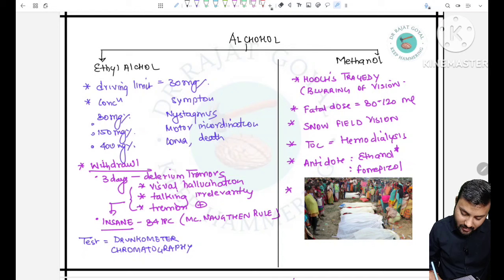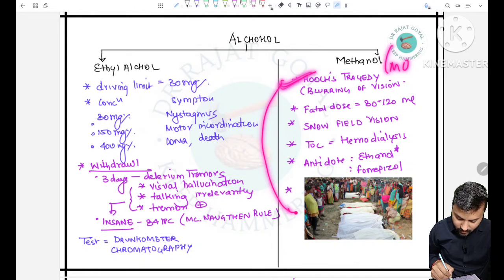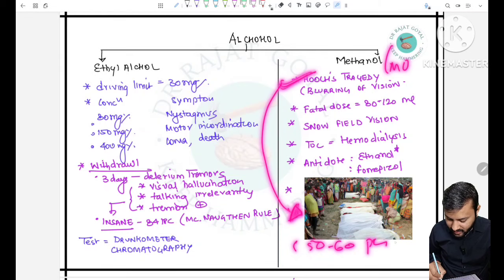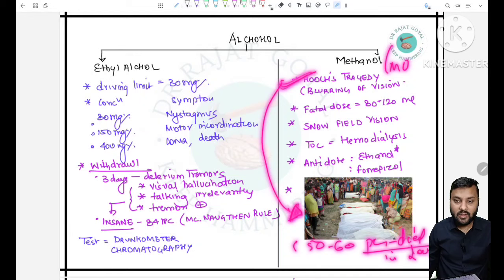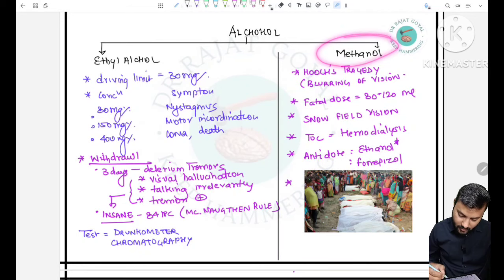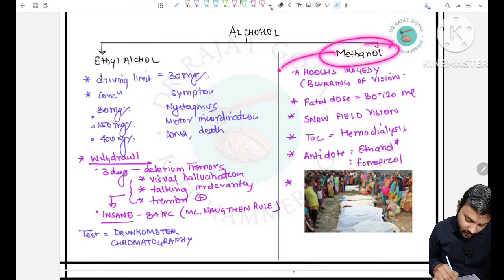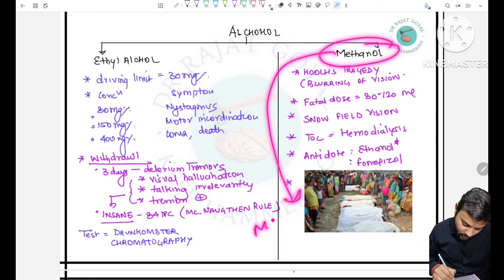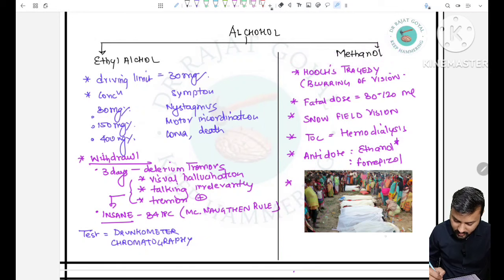Methyl alcohol is more dangerous because it will lead to hooch tragedy. Hooch tragedy means there are sometimes news reports that in an area 50 to 60 people died in a day, and then later it is found that they have consumed alcohol, similar alcohol. So this type of alcohol, which is local or mixed with methanol, will lead to such tragedies.